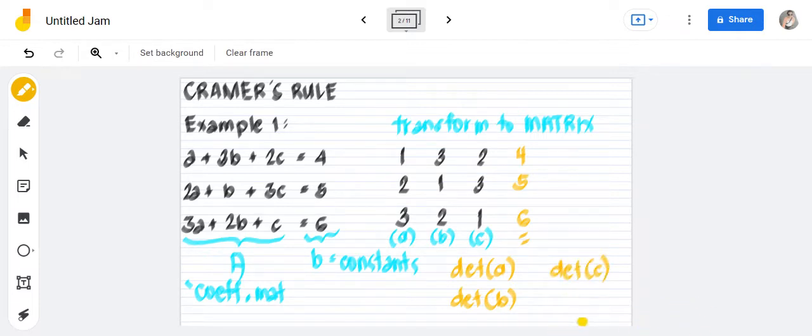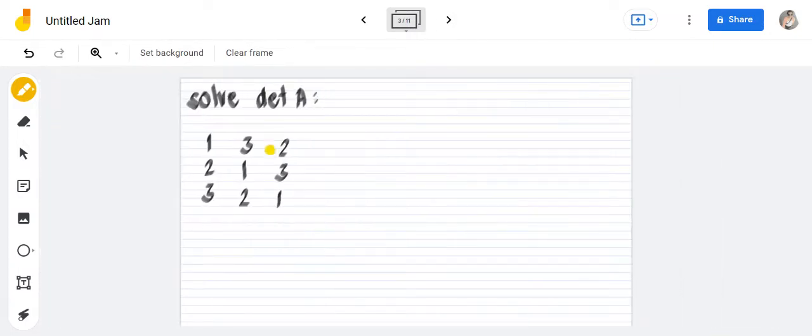These will be the determinants of the matrices in which our coefficient matrix has been substituted with the column vector of the constants in the respective unknowns. As well, we are going to compute the determinant of your coefficient matrix A. So, to start, we solve first for the determinant of your coefficient matrix.